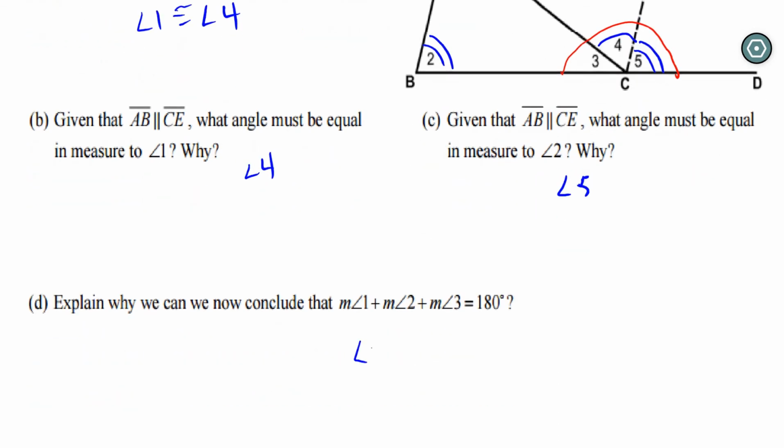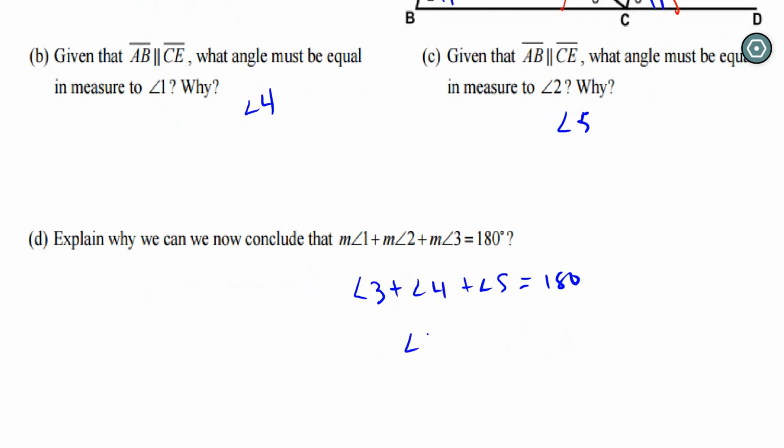So angle 3 plus angle 4 plus angle 5 makes 180 because it's a straight line. And I know that angle 1 is the same as angle 4, and angle 2 is the same as angle 5. Therefore, I could substitute them back in and say that that's the same.